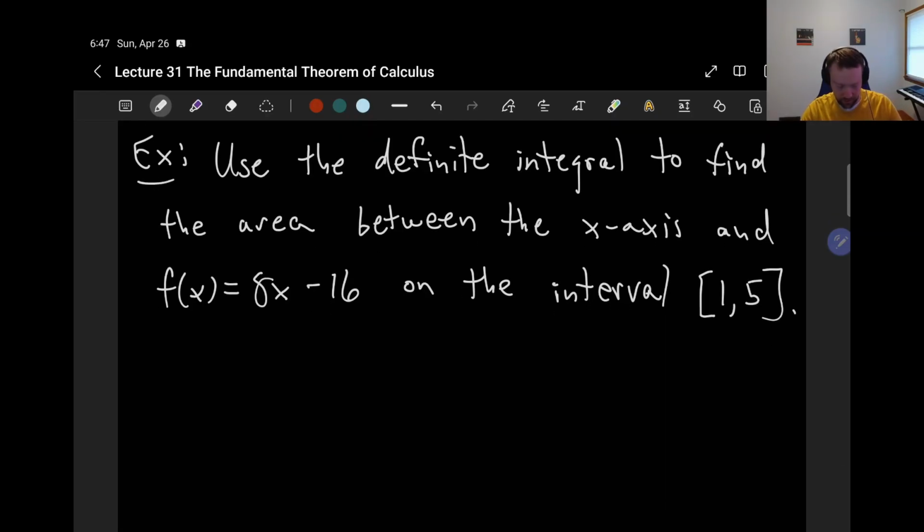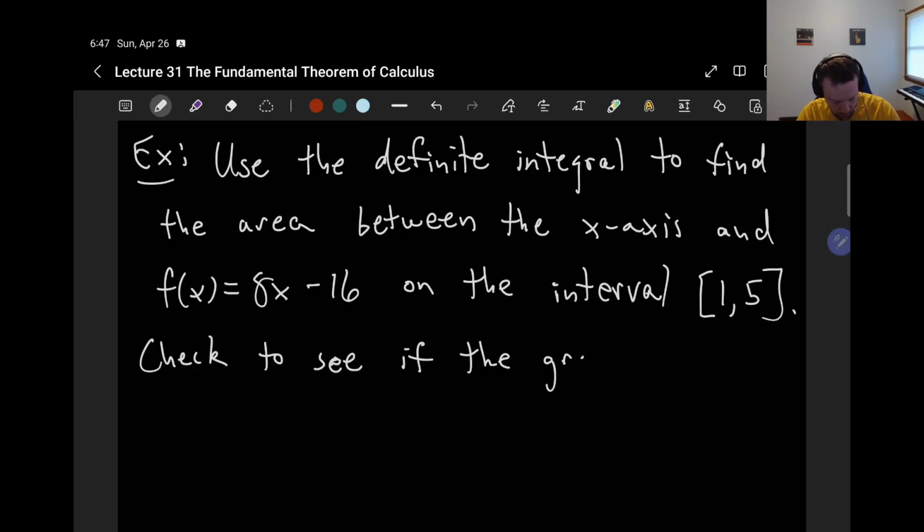And then they add this extra little thing as well, which gives you a big hint as to what's going on. Check to see if the graph crosses the x-axis on the interval.